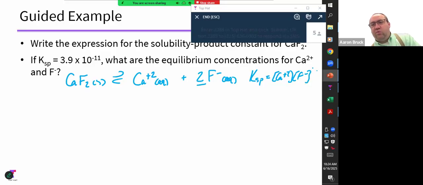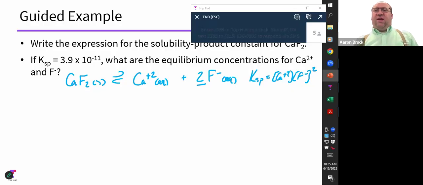And that fluoride ion would be squared because the stoichiometry is 2 for the fluoride. So again, nothing new here in terms of how to draw out the KSPs. Just again, slightly different use cases and variations in terms of context for how we would use these equilibria and the kinds of questions we could answer.